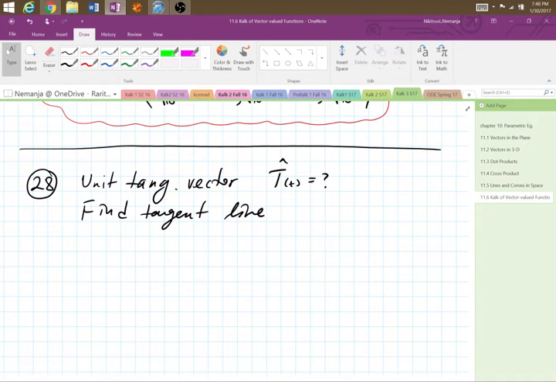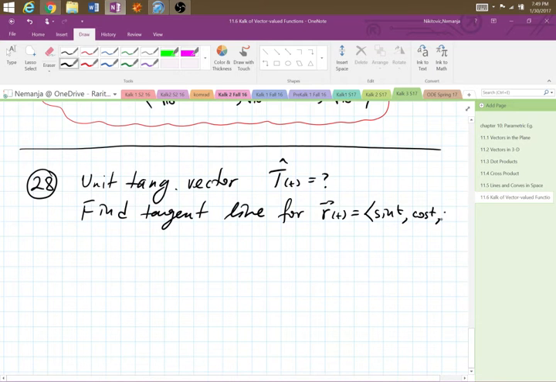So find tangent line for r of t is sine t, cosine t, e to the minus t, at t equals 0. So we want to find the tangent line at t equals 0.